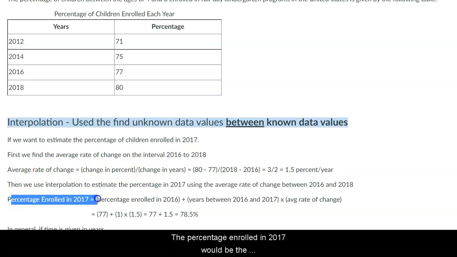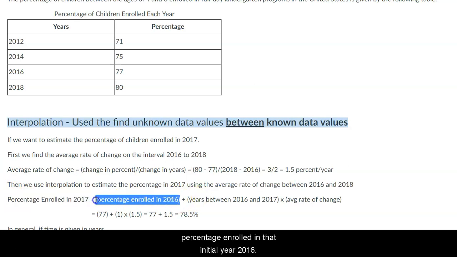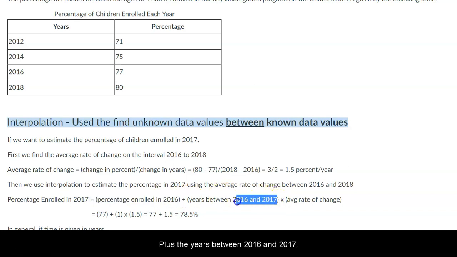So the percentage enrolled in 2017 would be the percentage enrolled in that initial year, 2016, plus the years between 2016 and 2017, the years between the initial year and the unknown between data value, times the average rate of change.